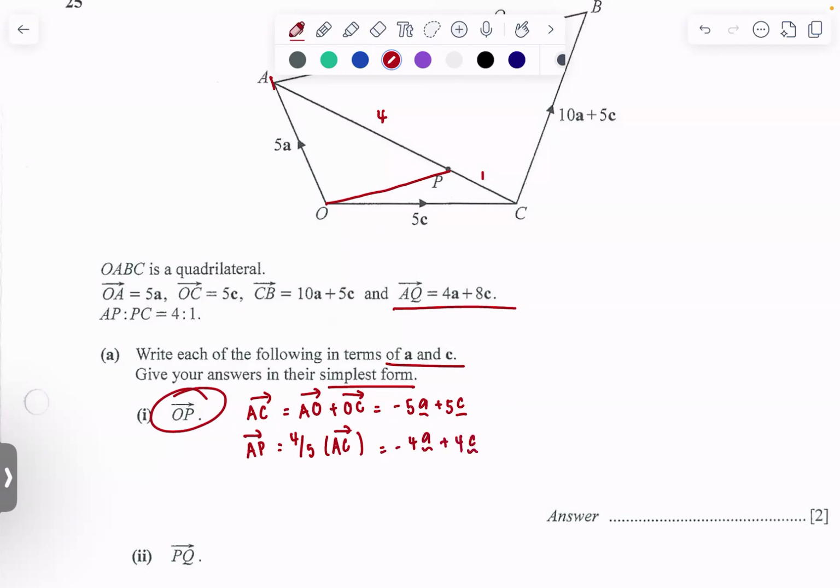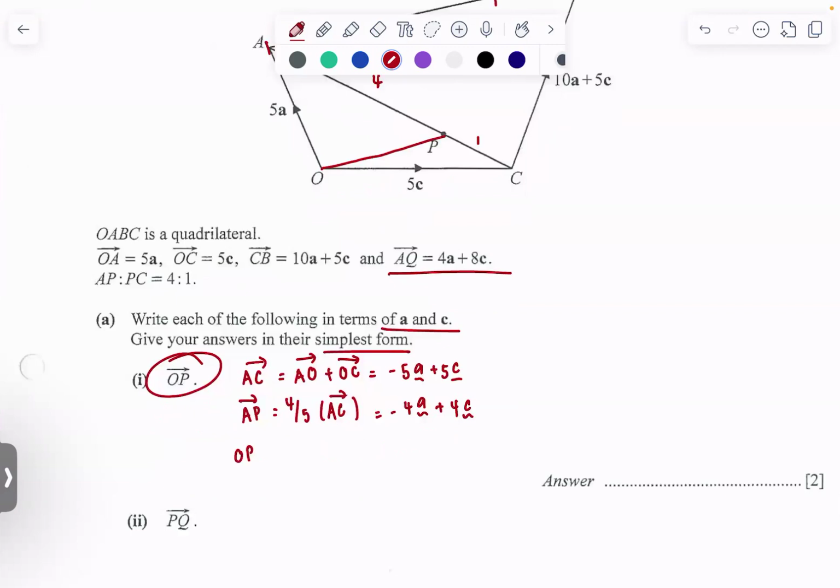And from there, I know OP because I can just do OA plus AP, right? And OA is 5A plus minus 4A plus 4C. That's equal to A plus 4C.